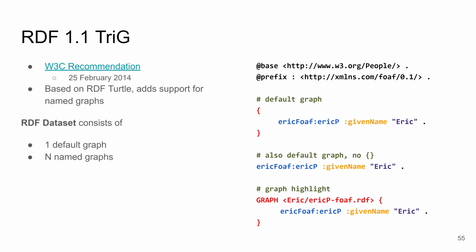So RDF TriG allows us to not mention curly braces at all. In that case, all the triples belong to the default graph, or we may have explicitly mentioned default graph by the curly braces with no graph IRI, which is the first case in the example, or we may say that those triples belong to a named graph with this IRI, and in that case we'll have the curly braces prefixed with the graph IRI, and optionally to emphasize what this means with the keyword graph.